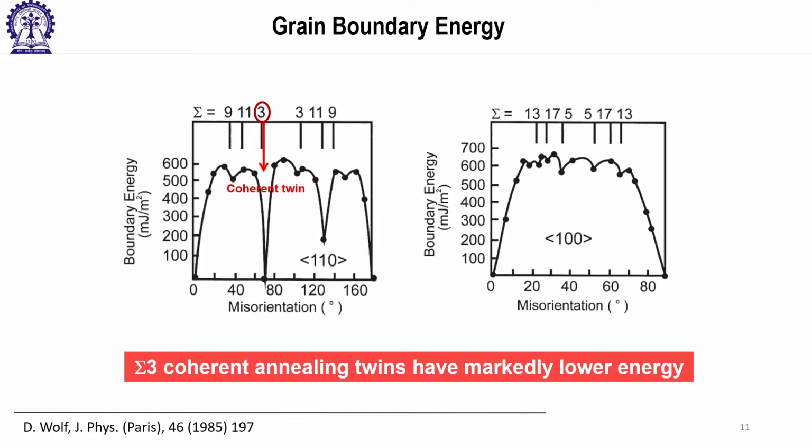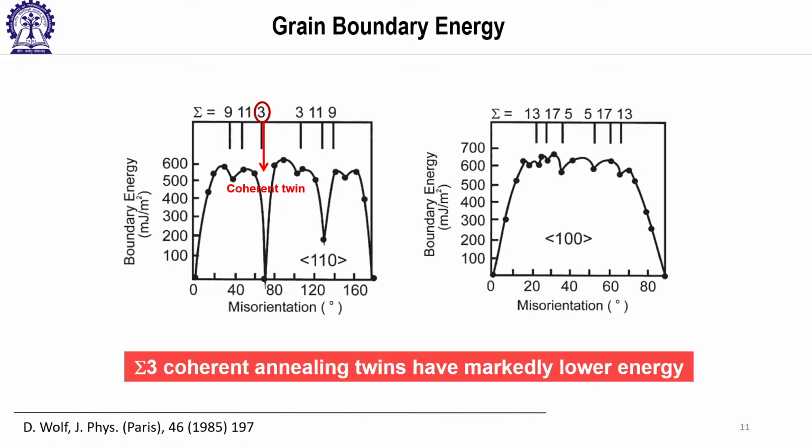These are plotted as boundary energy versus mesh orientation angle, and whenever the CSL criteria is satisfied, those were marked as sigma, right. And you can see that more or less these sigma boundaries have lower energies.